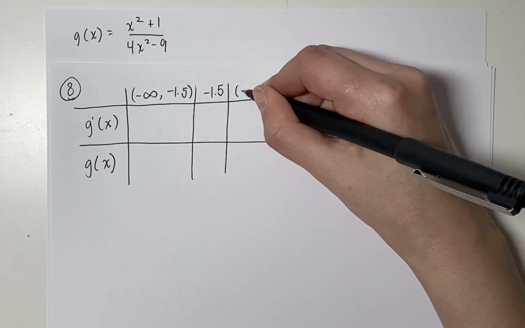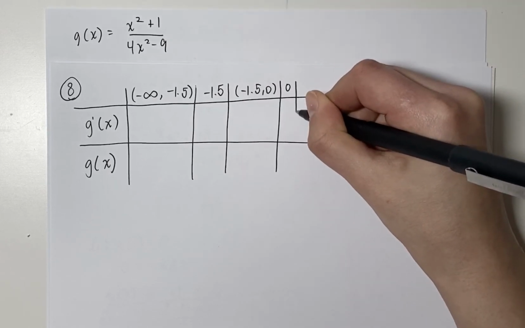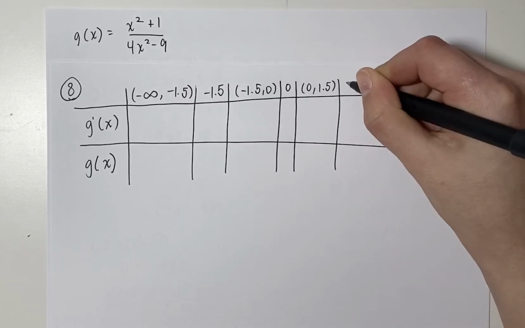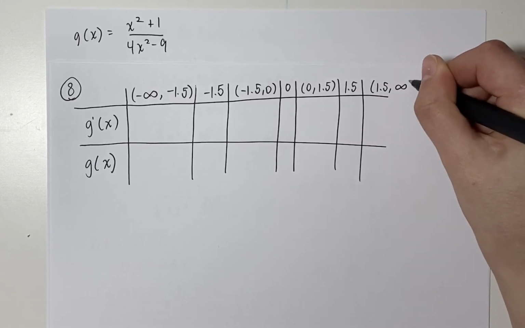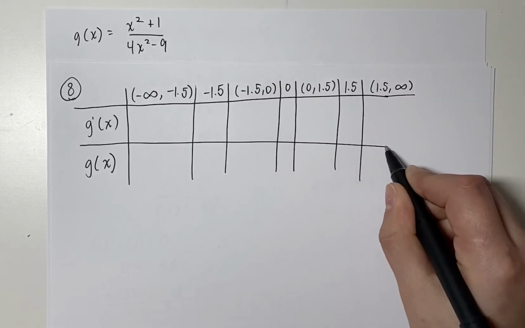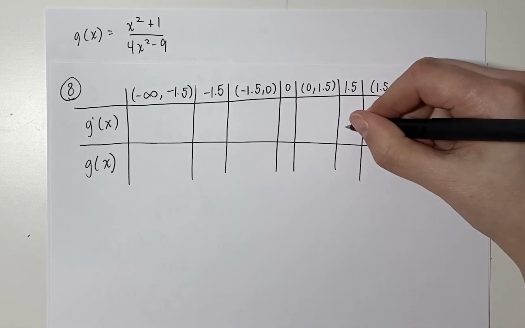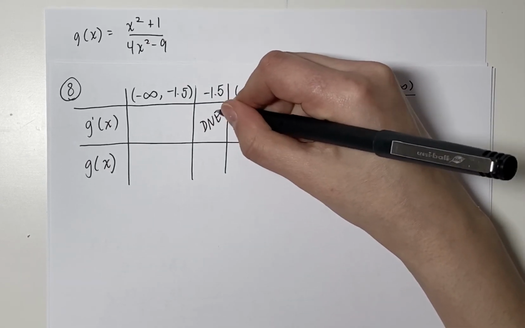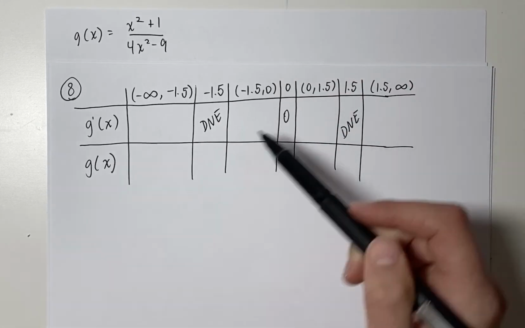Then we're going to go negative 1.5 to 0. 0 is another critical number. Then we go 0 to 1.5. 1.5 is a critical number. And finally 1.5 to positive infinity. We know already that at 1.5 and negative 1.5, our function does not exist. And we know that at 0, g prime of x is also 0.